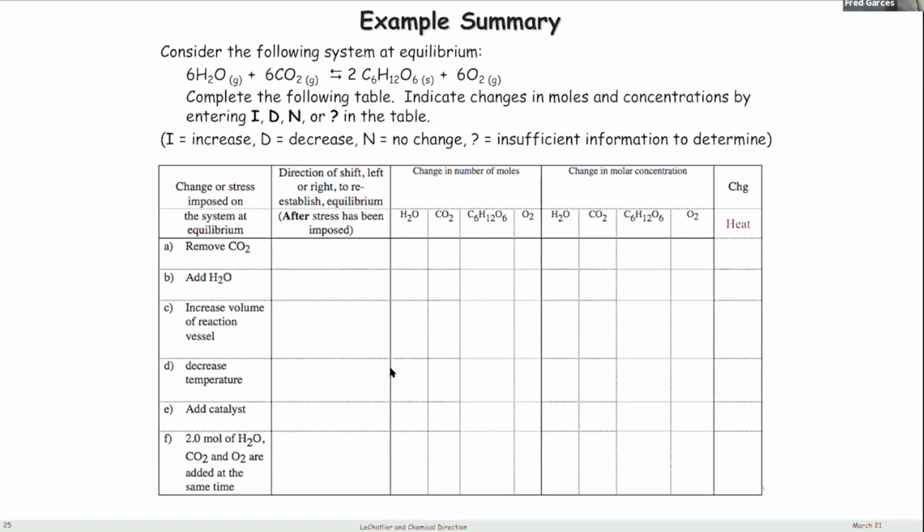Again, this is a typical problem you will see, if not in the next quiz, then typically in a midterm or in a final. So you look at this reaction right here, and you will see that this reaction, water plus carbon dioxide, goes to glucose and oxygen.